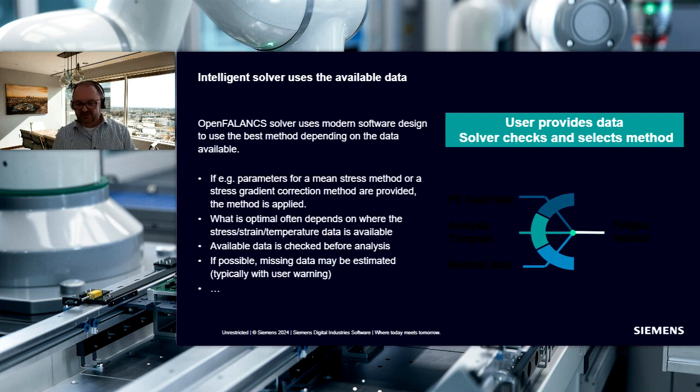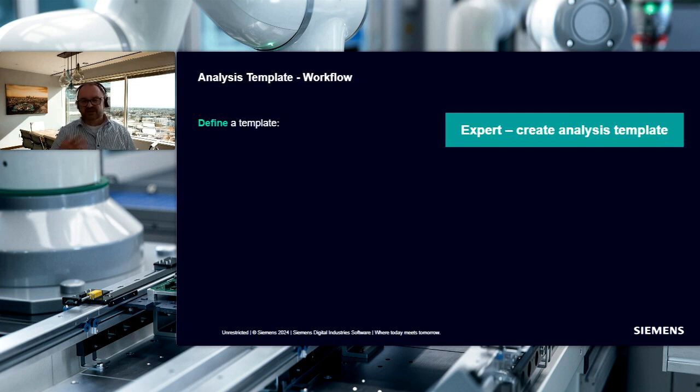If you don't know anything and you say, okay, I don't know it, then you leave it off, and then the solver automatically chooses a method without mean stress correction. So that's a little bit of the intelligence of the solver, but to make this also work, we have also done a kind of a template concept.